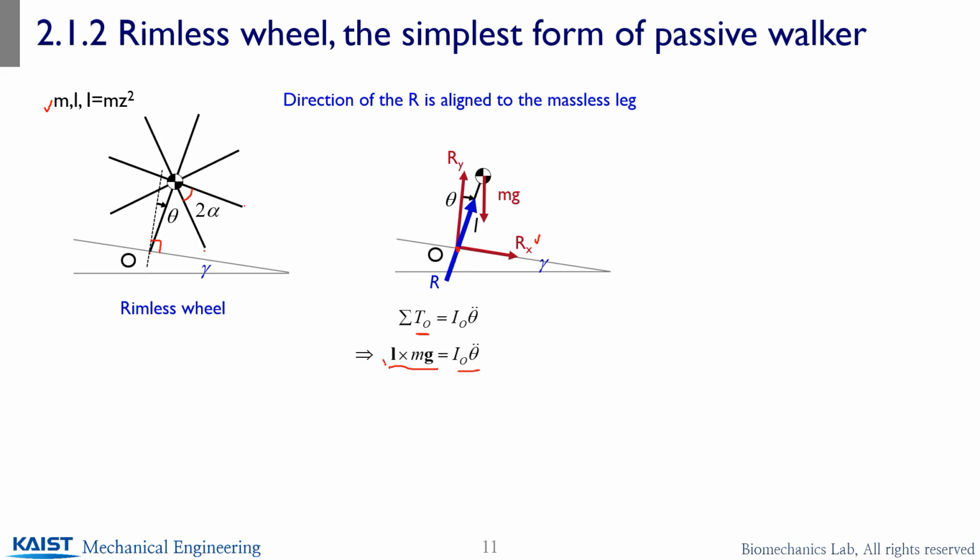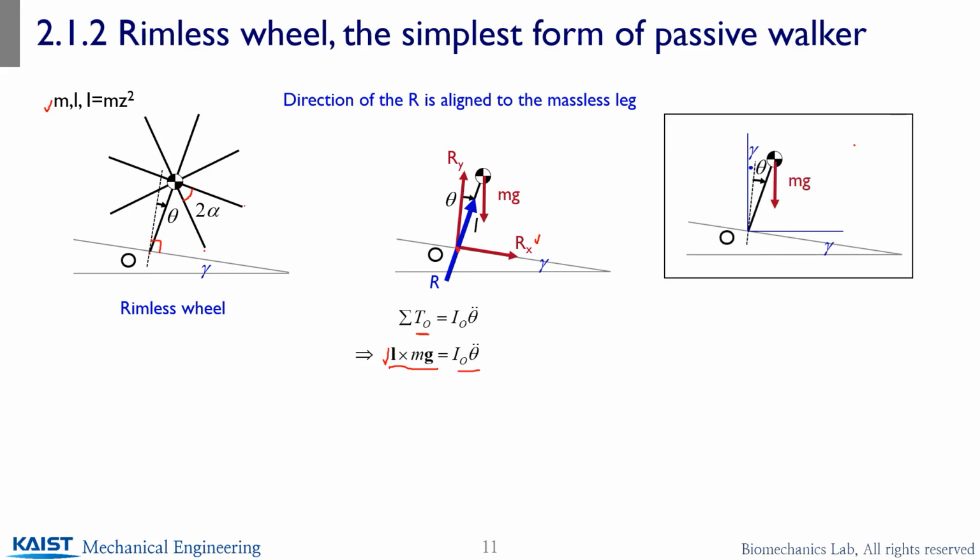To calculate this cross product, let's zoom in on the angles for the gravity, which is perpendicular to the Earth horizontal, and the spokes have an angle with respect to the slope perpendicular. So the total angle between the leg and the gravity is gamma plus theta. So it's going to be mgL sine of (gamma plus theta) equals I theta double dot. And assuming small angle, it's going to be mgL (theta plus gamma) equals I_O theta double dot.